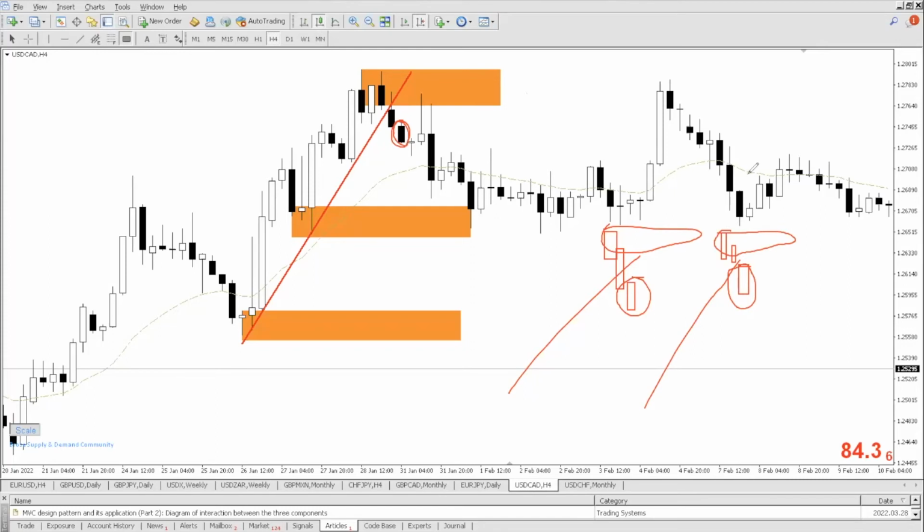Okay. The same thing applies with your supply. Okay, supply and demand, both of them, those zones are the same. When you trade the pair going up, you look for that. When you are trading the pair going down, you look for this again. All right.